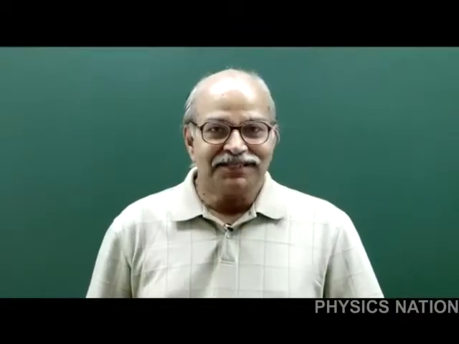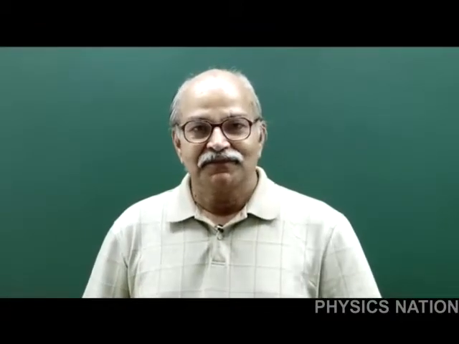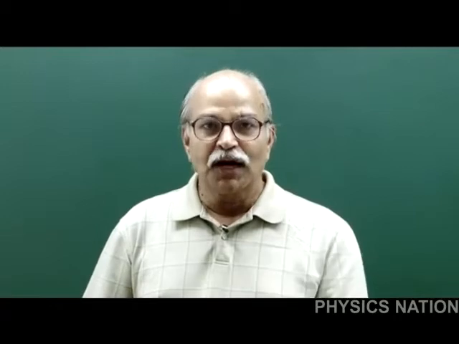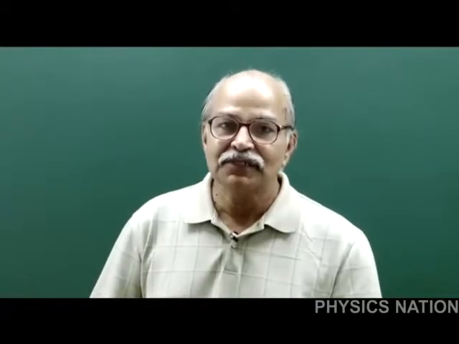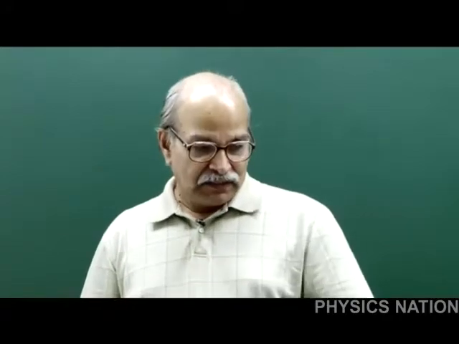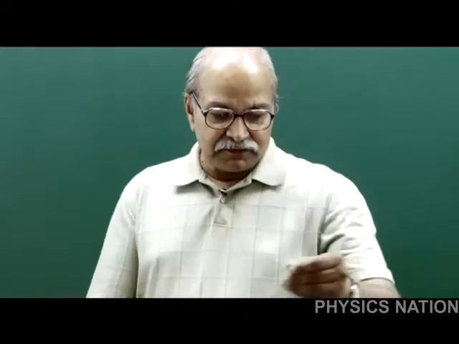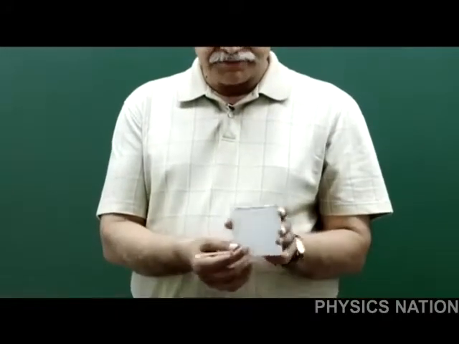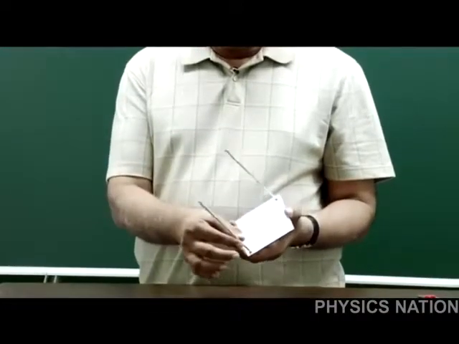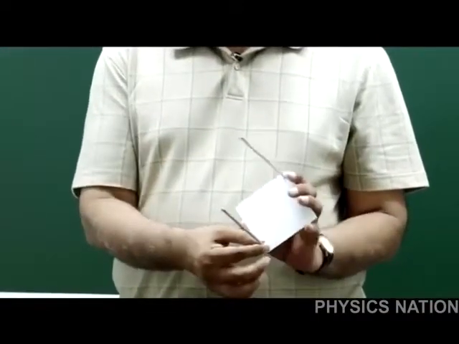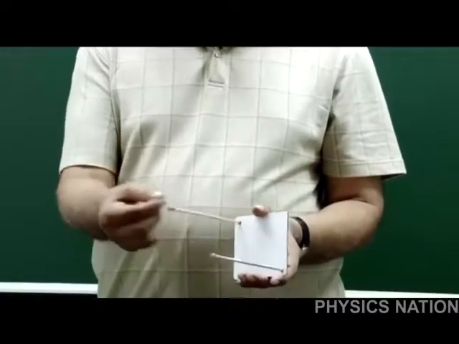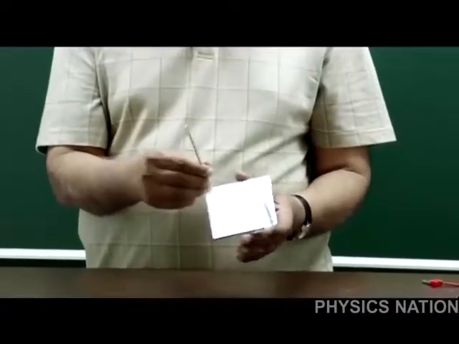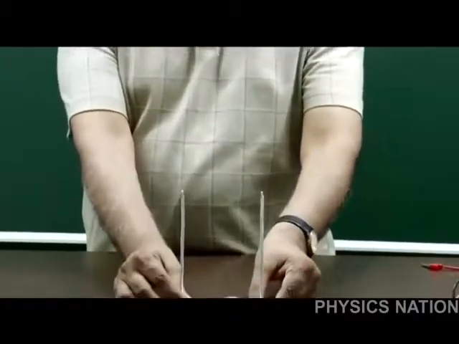So on the same lines, I have one more experiment which will also show how magnetic field direction changes close to the poles of the magnet. For that I have a stand here, and these two aluminium rods. In fact, they are part of a normal coat hanger, and we fixed it here.